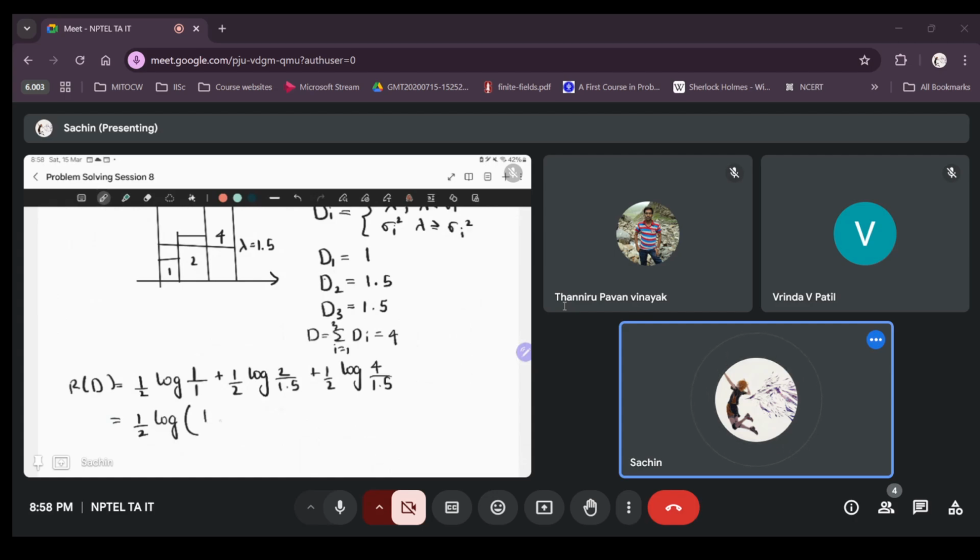Since it's a logarithm, the sum of logs is the log of the products. So it's half log of 1 into 2 over 1.5 into 4 over 1.5.